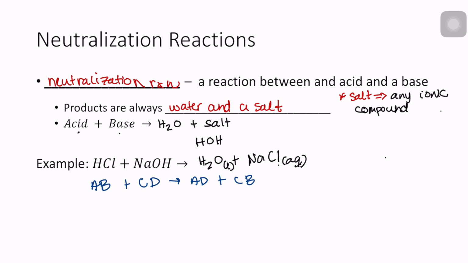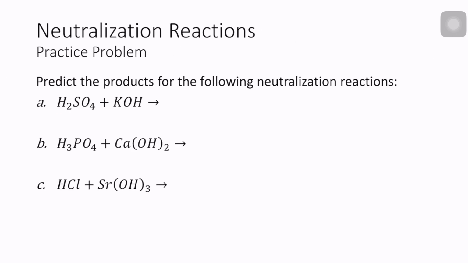So let's get some practice at predicting the products for neutralization reactions. So right away, for all three of these, it's a neutralization reaction, and I know it's a neutralization reaction because I have something that starts with H and I have something that has hydroxide in it.